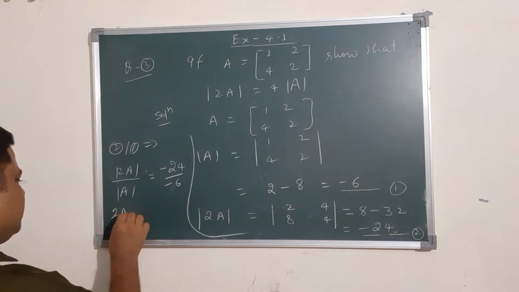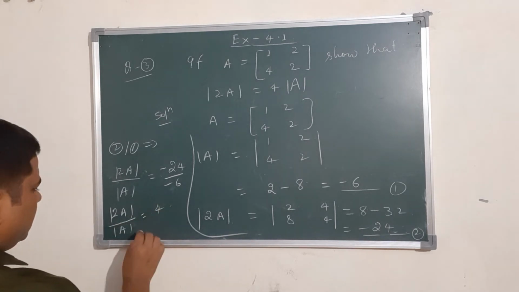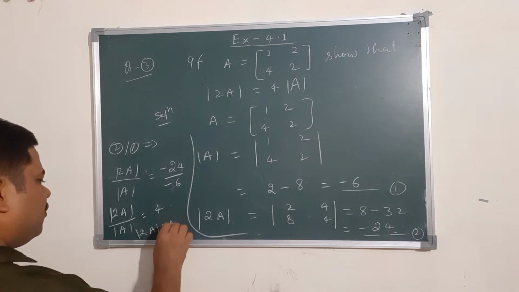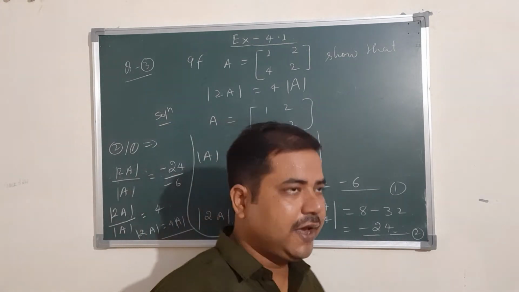So determinant of 2A divided by determinant of A is equal to 4. So determinant of 2A is equal to 4 times determinant of A. We already saw this one.